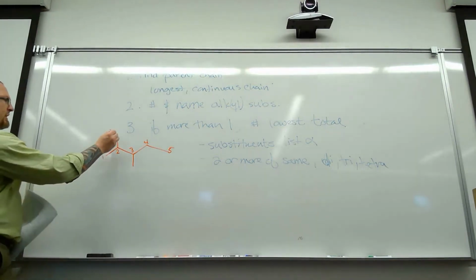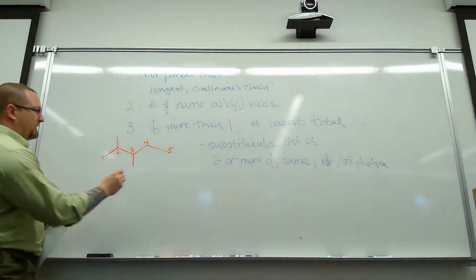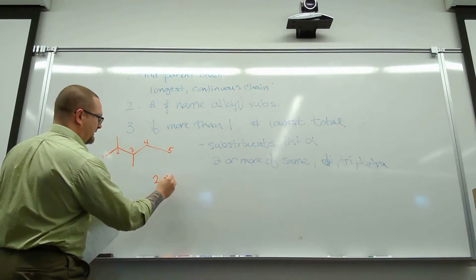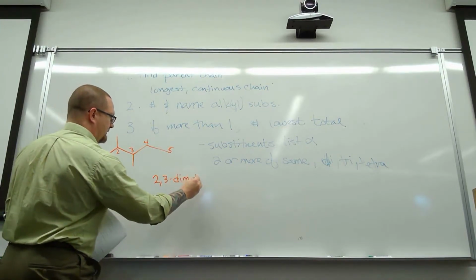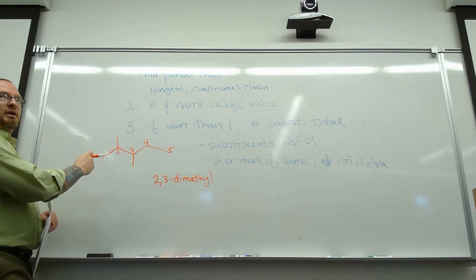So this is going to be a 2-methyl. This is going to be a 3-methyl. Because we have two of the same type, it's not going to be labeled 2-methyl, 3-methyl. It's going to be 2,3-dimethyl pentane.